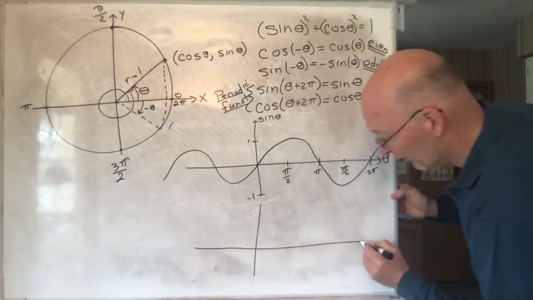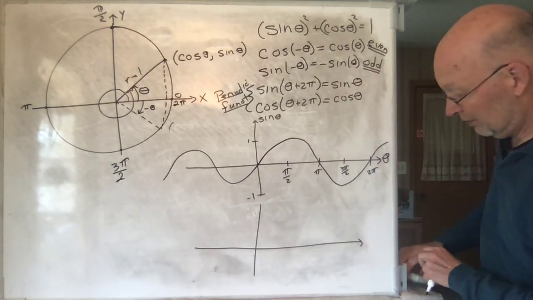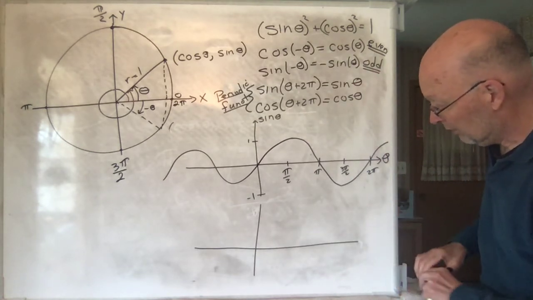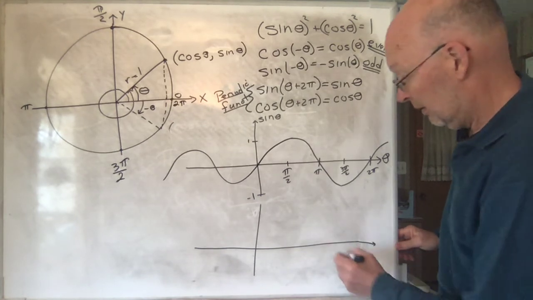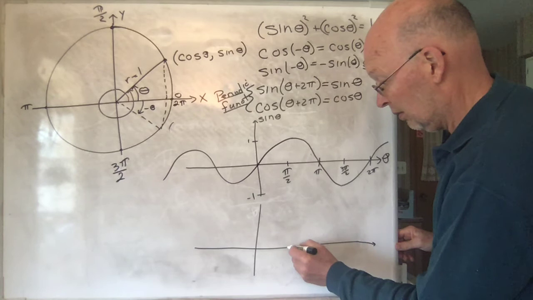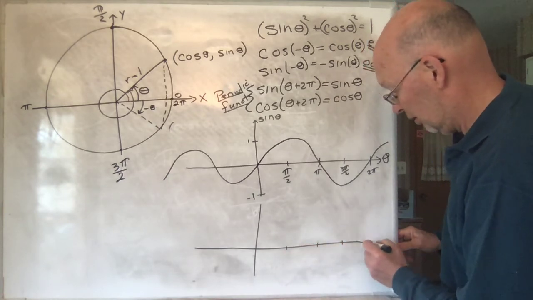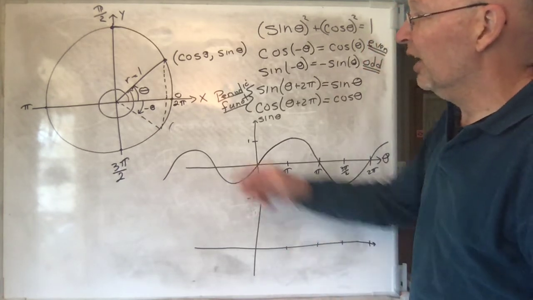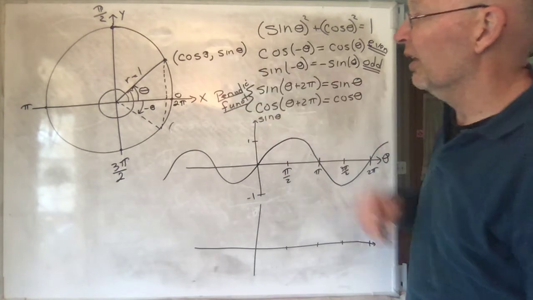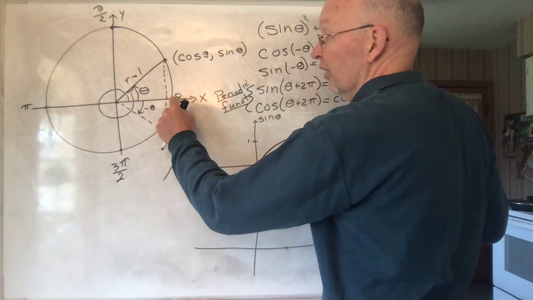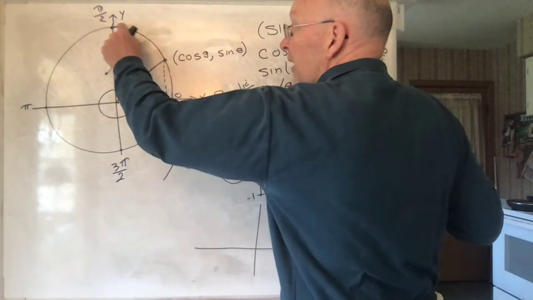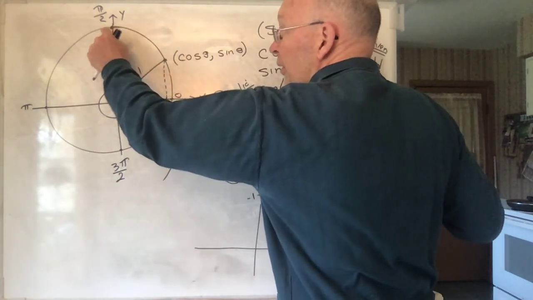Let's do the same thing with the cosine. Cosine is the x-coordinate. Let's think about the x-coordinate of this point as we go around. It starts at 1. By here, the x-coordinate is 0.